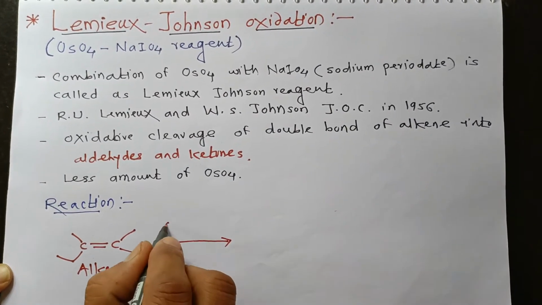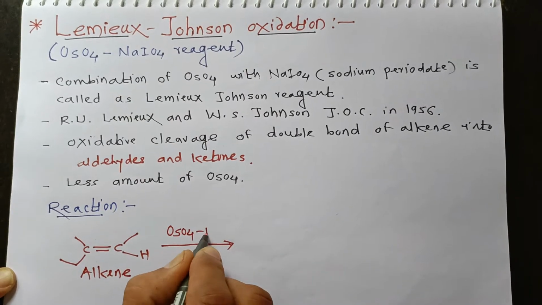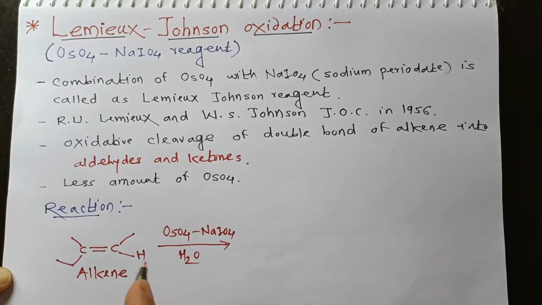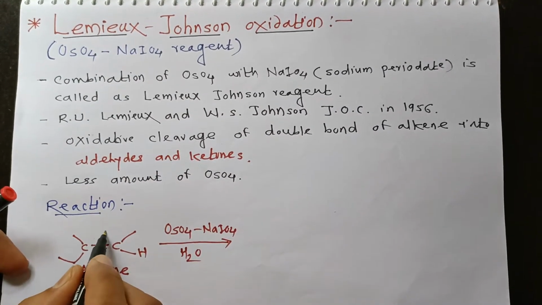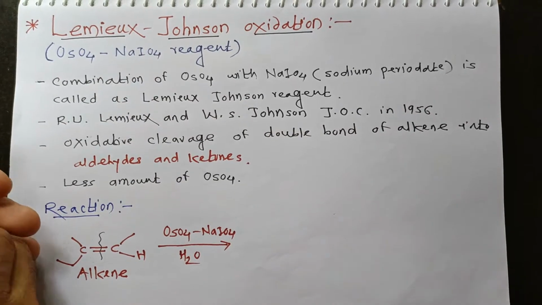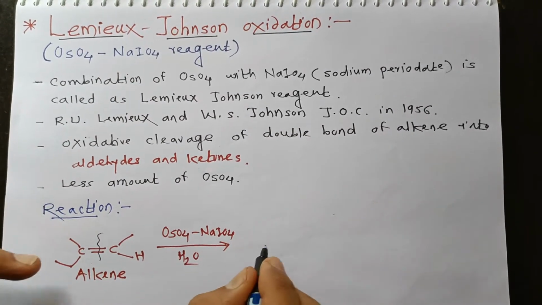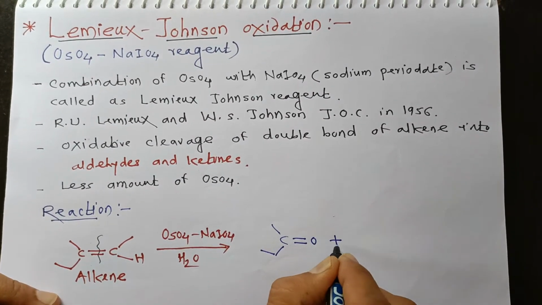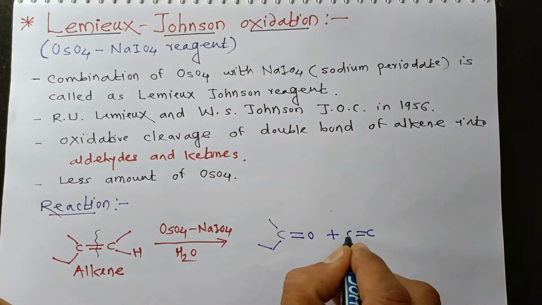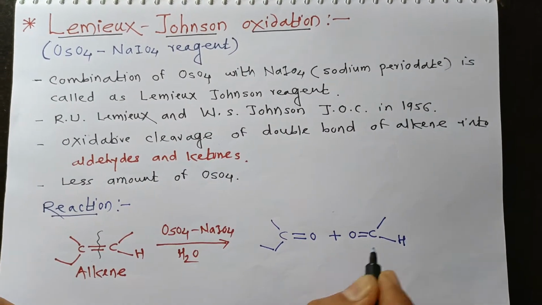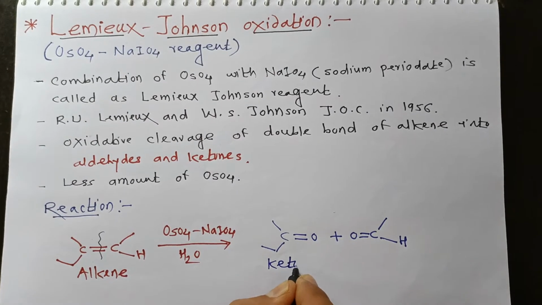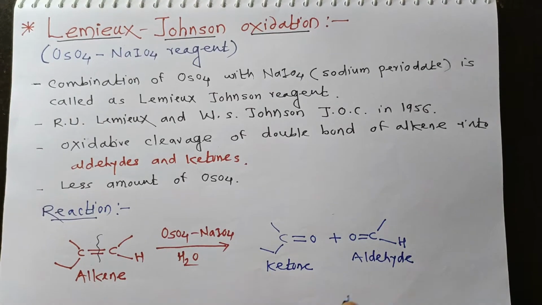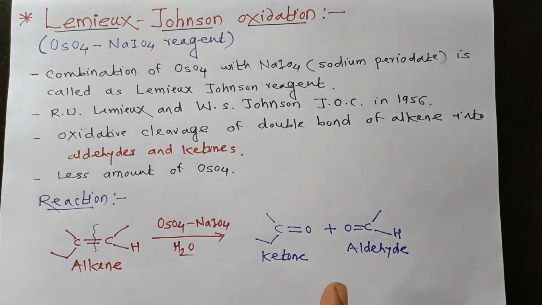That alkene on oxidation with osmium tetroxide, sodium periodate in the presence of water, gives oxidative cleavage of this carbon-carbon double bond. So this carbon is attached with a carbonyl group, plus this carbon is attached with a carbonyl group. There is formation of a ketone and also formation of an aldehyde. So here a mixture of ketone and aldehyde will be formed.